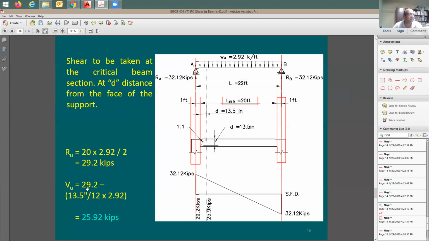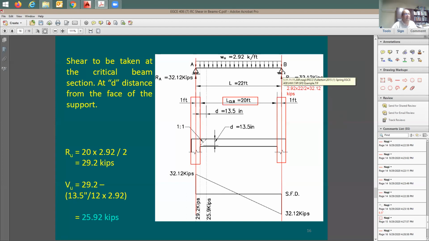So the reaction is 2.92 times 22 divided by 2, which equals 32.12 kips.